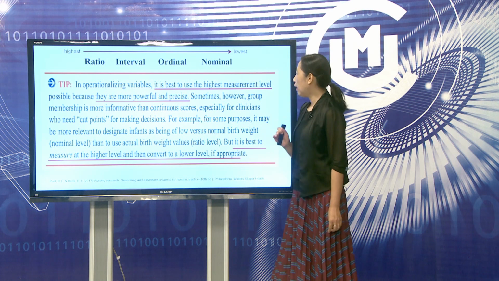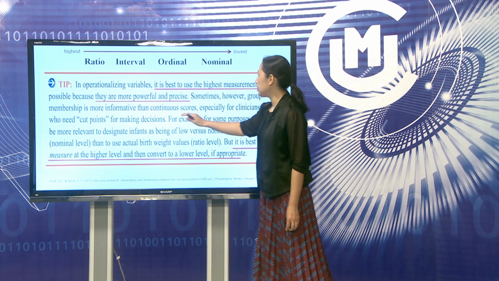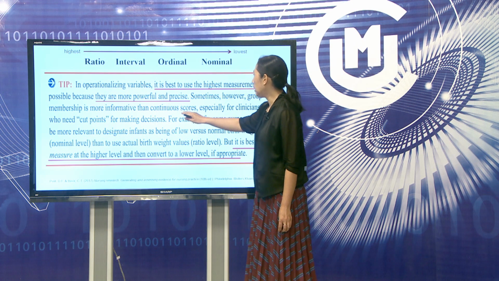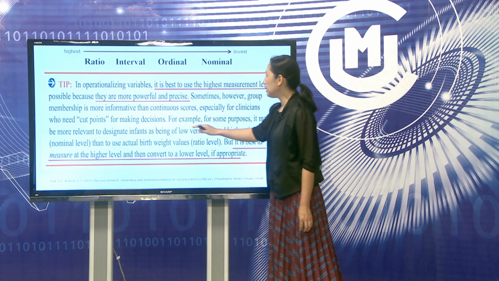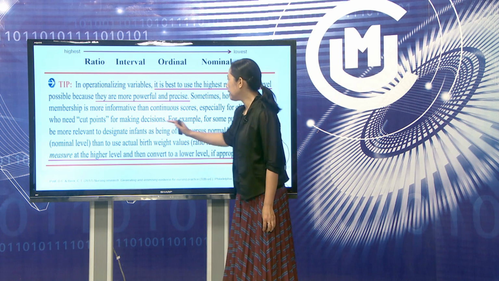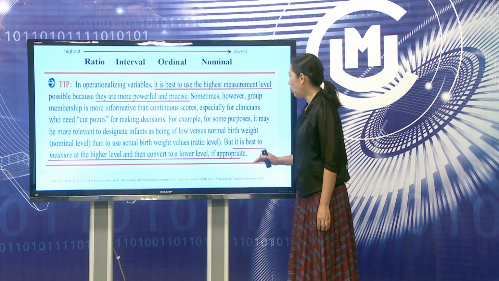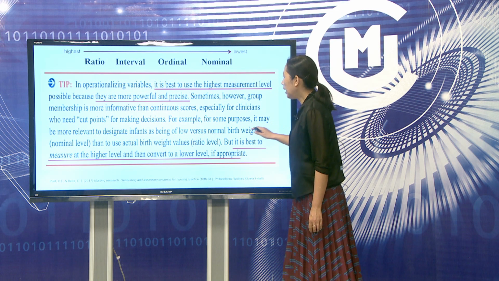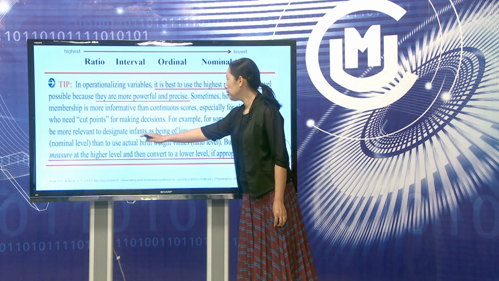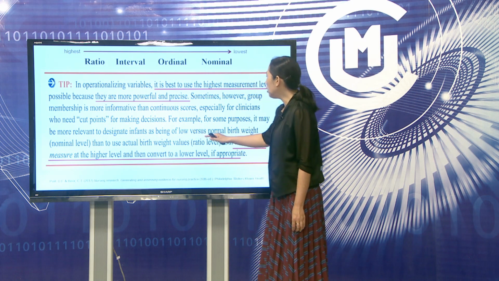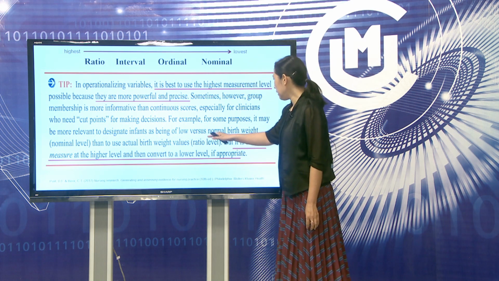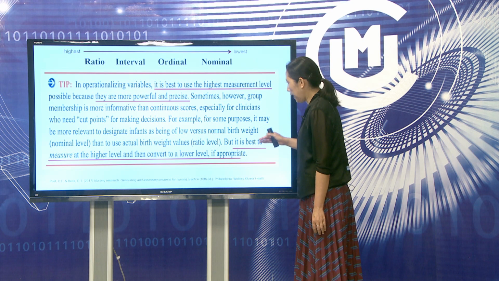But sometimes group membership is more informative than continuous scores, especially for clinicians who need a cut point for making decisions. For example, for some purposes, it may be more relevant to designate infants as being of low weight versus normal birth weight.